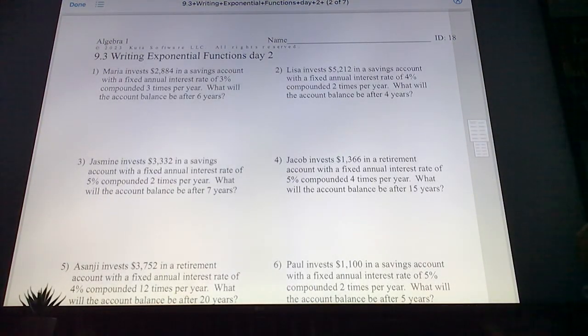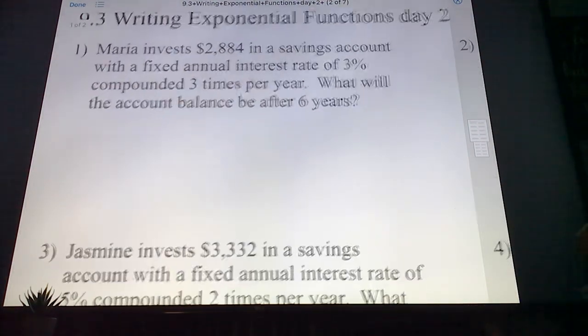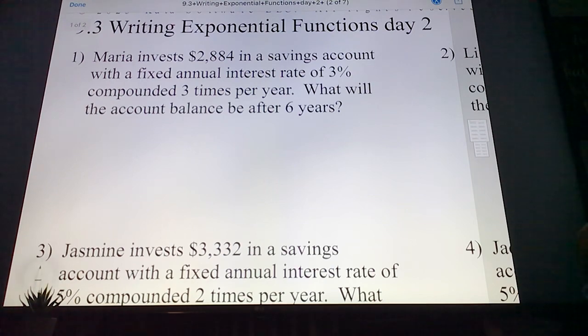If we're looking at number 1, and again, I'm writing on the iPad, so I do apologize. Our initial amount: it says Maria invests $2,884 into a savings account with a fixed annual interest rate of 3%, compounded 3 times per year. What will the account balance be after 6 years?